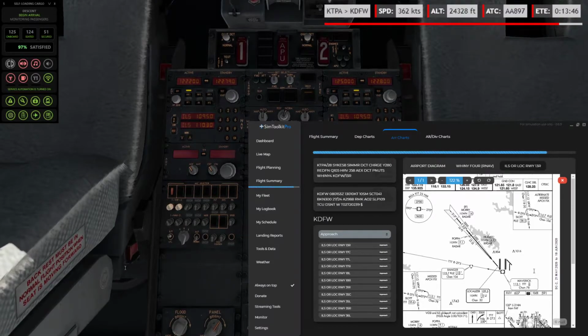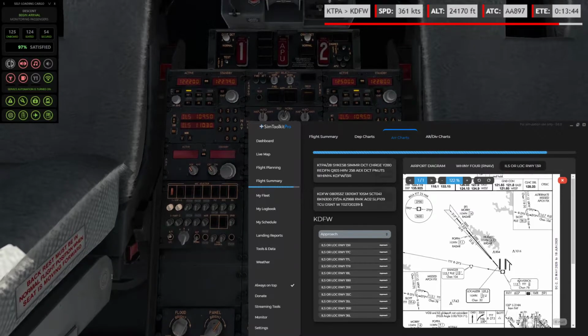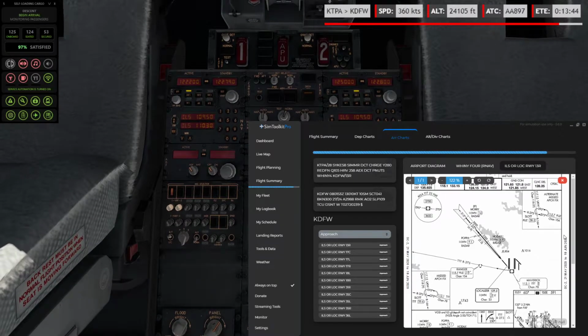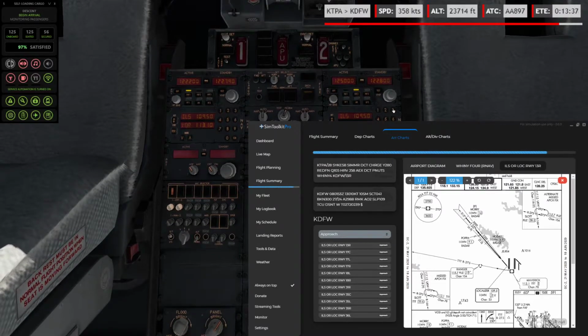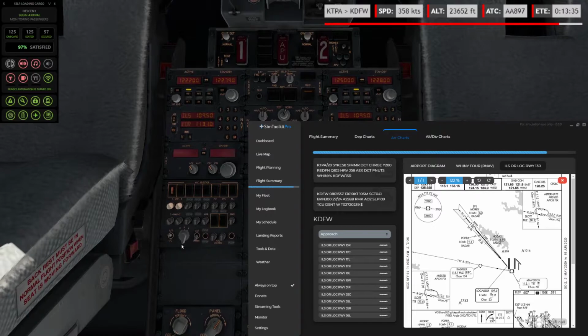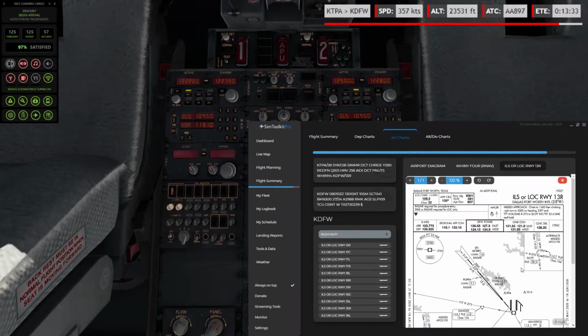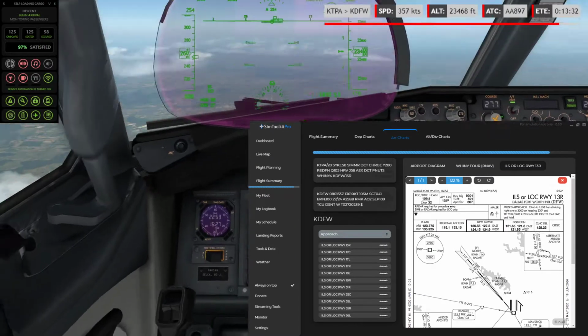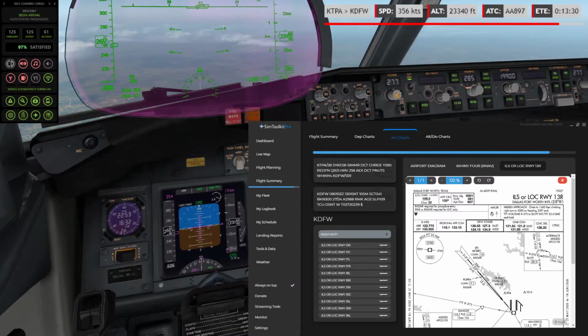We have VOR, which is Maverick, and that is 113.1. So set that to 113.1. Alright, approach course is 135 degrees, so I'll set that to 135.